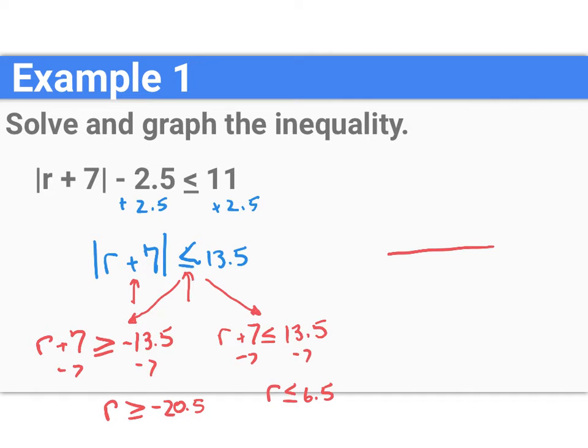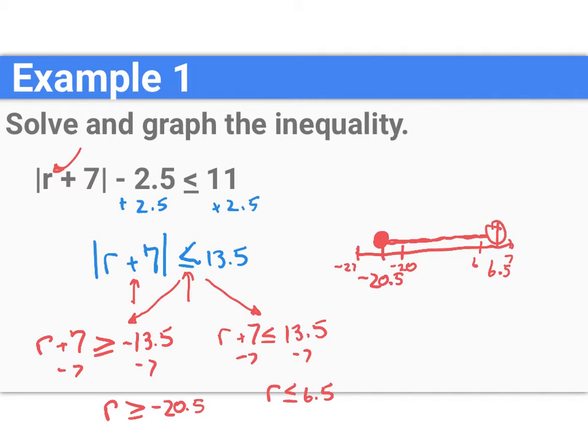And when we go to graph it, we have negative 20.5, between negative 20 and negative 21 if you're dealing with a traditional number line, and then we have 6.5, between 6 and 7. So we're dealing with all numbers in between negative 20.5 and 6.5, which will solve our original inequality.